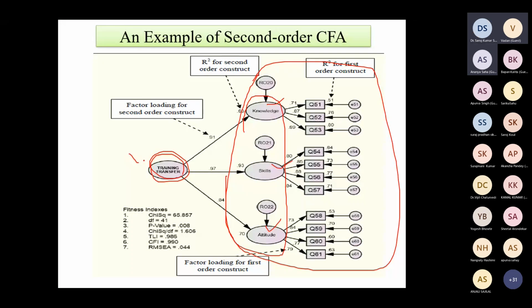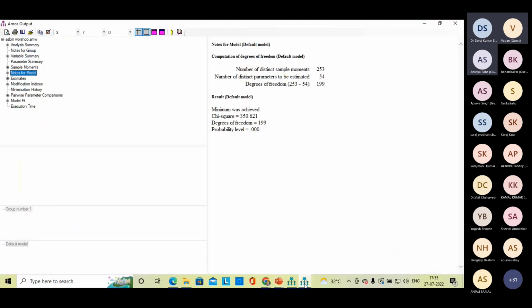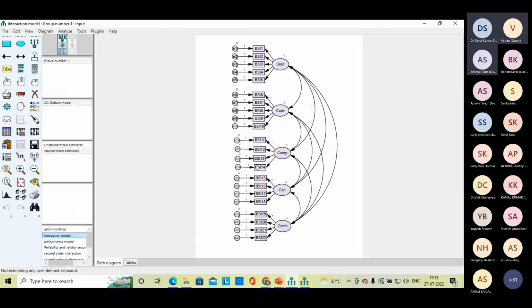Now coming to my example. Summarily, these 5 constructs are measuring one second order latent variable, that is effectiveness of buyer-seller interaction.